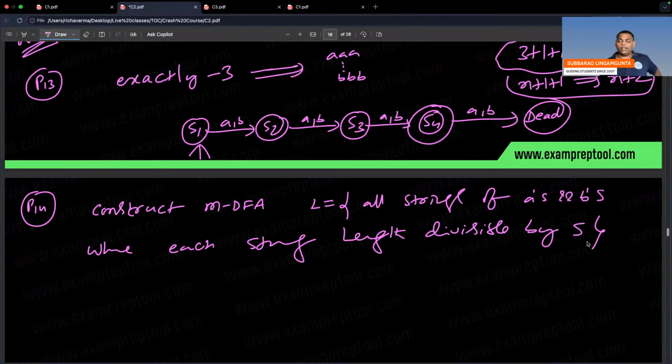Where each string length is divisible by 5.